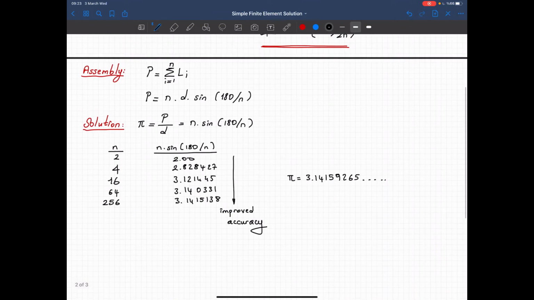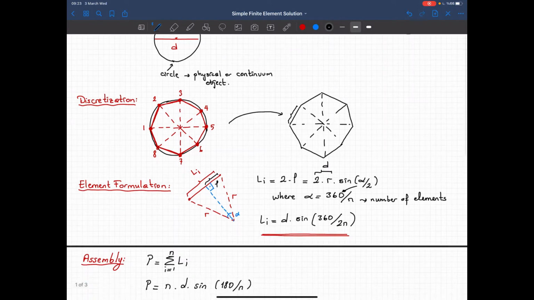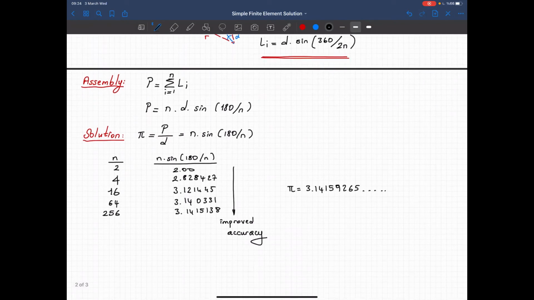Here, it's actually just a visual inspection, right? We are looking at the geometry, and basically by visual inspection we can say that if I increase the number of elements, I get a better approximation. So visually we can say that, and there is no problem. And as you see in our trials, when we increase the number of elements, we get a better accuracy.